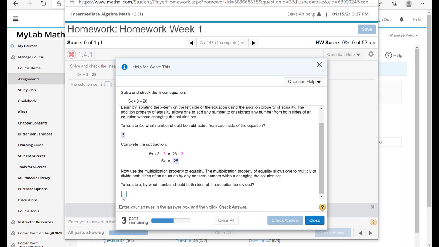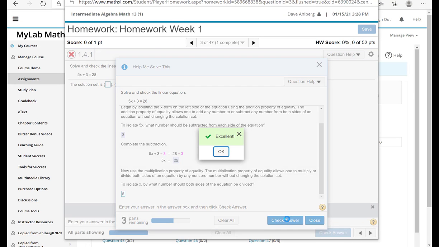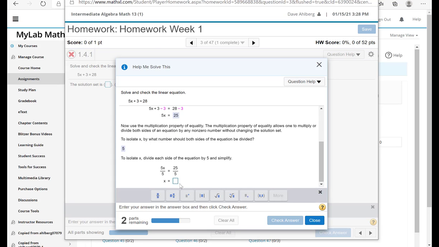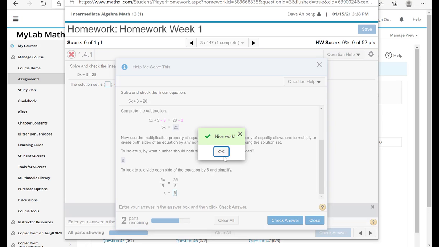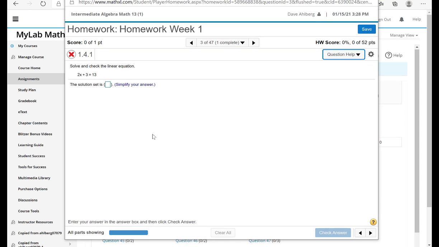Now we have to isolate the number we should divide by 5. So step by step. Okay. And so then the answer is 5. Okay, nice work. So that's a guided solution, but that doesn't solve the question for us.